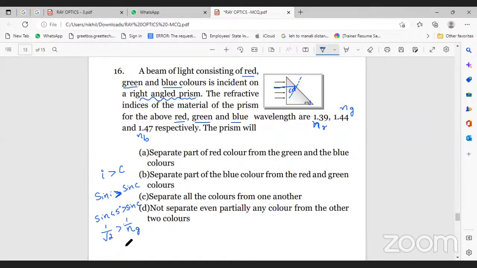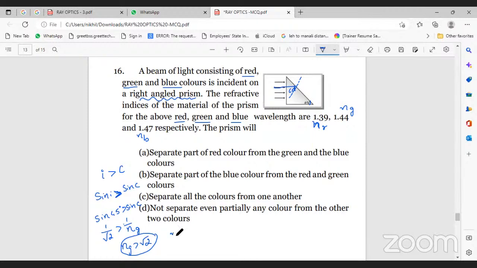If I cross multiply, the refractive index of glass Ng should be more than root 2.